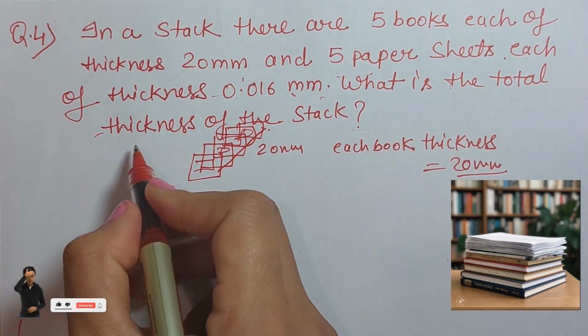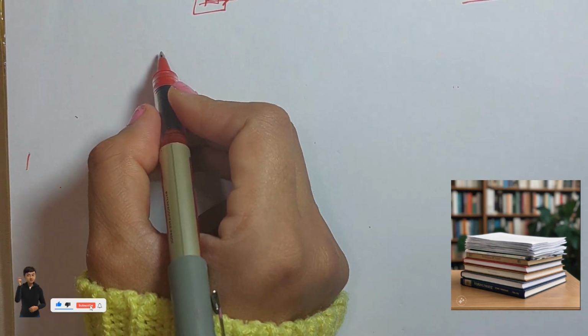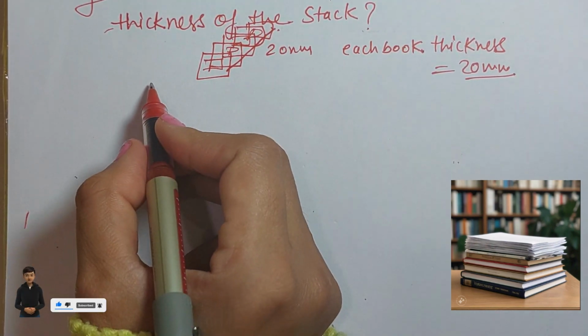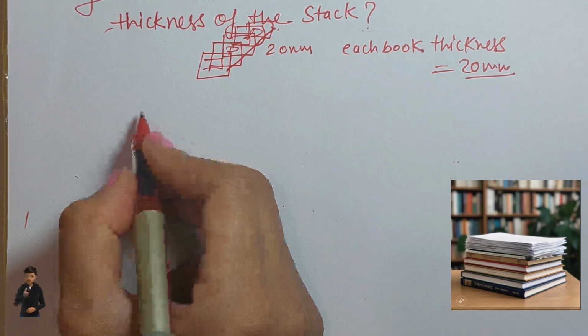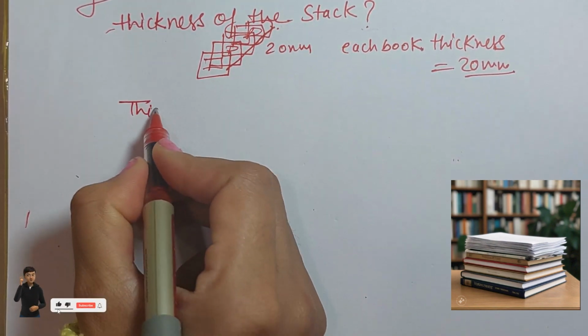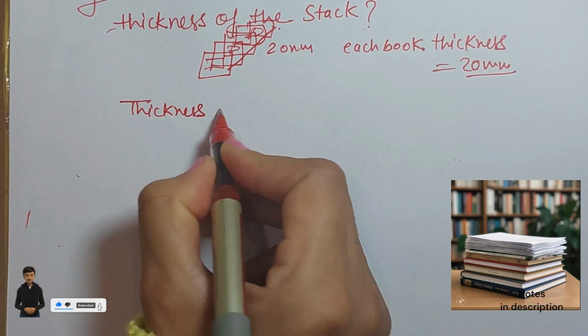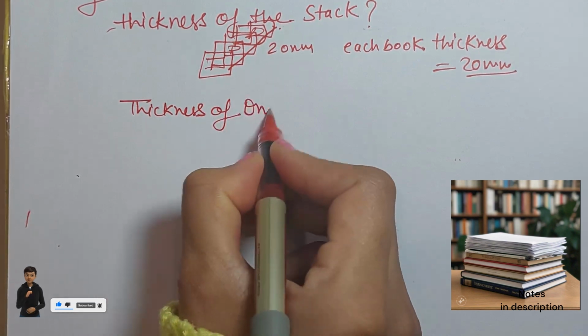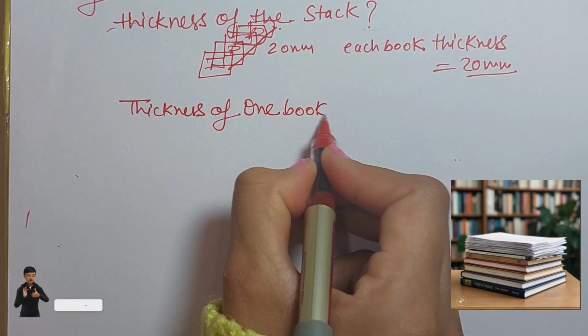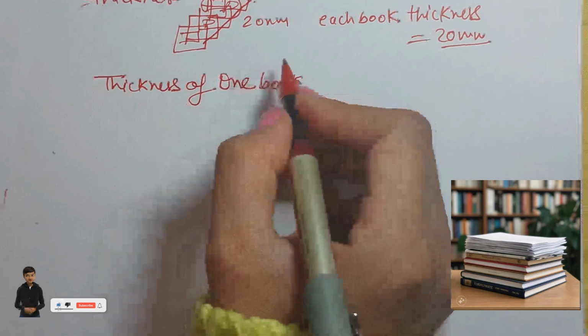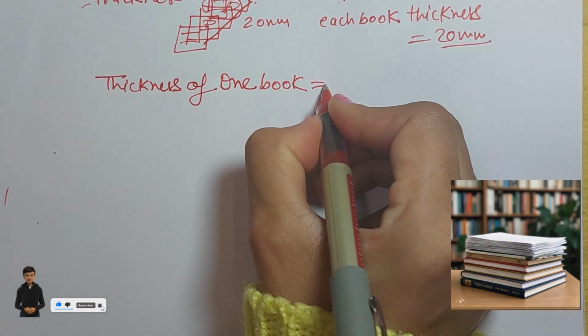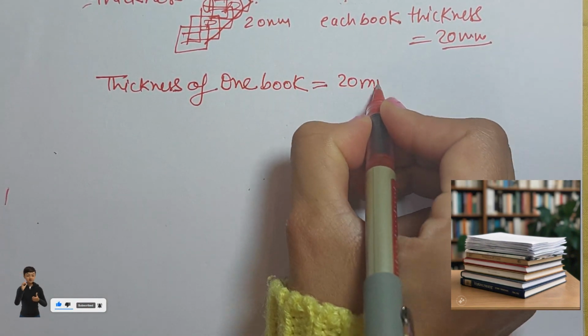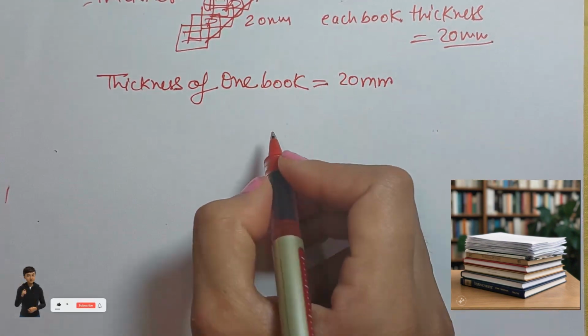So first we will write the thickness of one book. What is the thickness of one book? According to the question it's 20 mm.